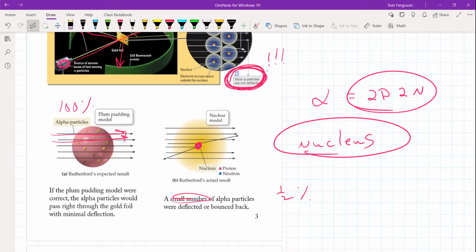Okay, so Rutherford went from Thomson's plum pudding model to the Rutherford model, which means it had a nucleus. So all these protons and neutrons are all inside one spot.